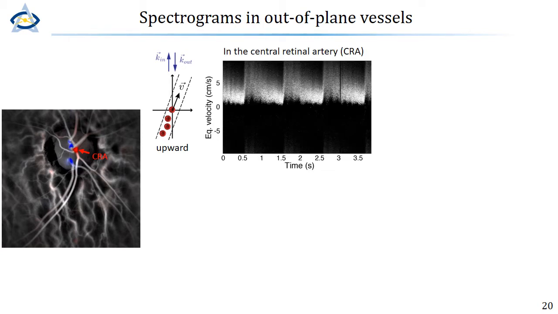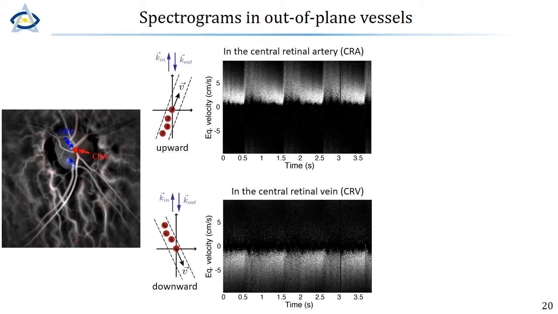Indeed, the energy is located on the positive side of the spectrum. And now we look in the central retinal vein, and this time flow is going downwards, so the frequency shift is expected to be negative, and this is indeed what we observe on the spectrograms.